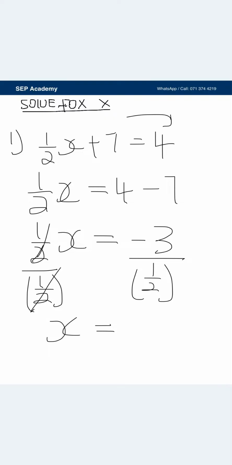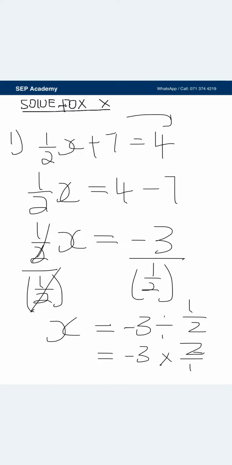So what I mean is, if you have that negative 3 which is dividing that half, mathematically we know that it should be the same as negative 3 where you multiply. So you change that division sign. As you change it, the 2 goes to the top, and then you say over 1.